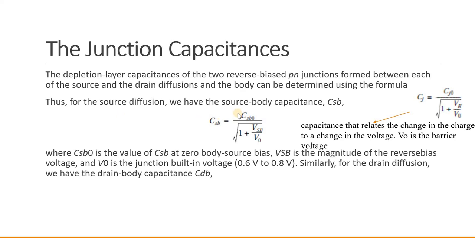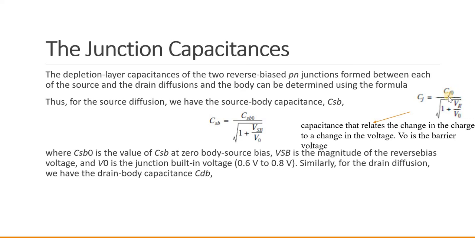Thus, for the source diffusion, we have the source body capacitance CSB. This particular CSB formula is derived from the junction capacitance equation: Cj equals Cj0 divided by the root of 1 plus Vr by V0, where Vr is the applied reverse voltage and V0 is the barrier or built-in voltage.